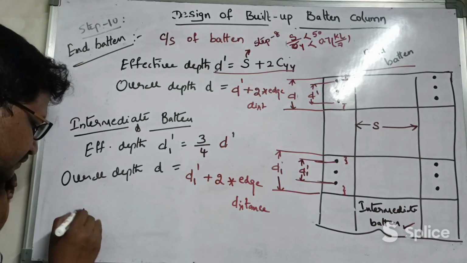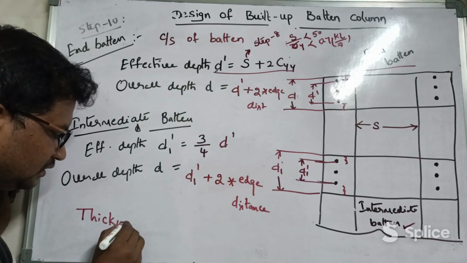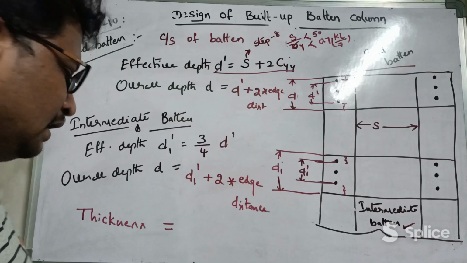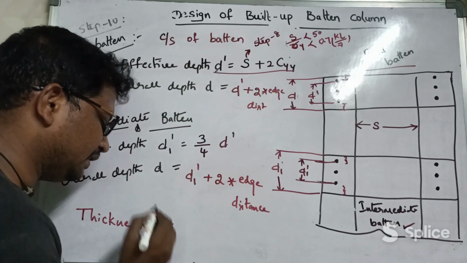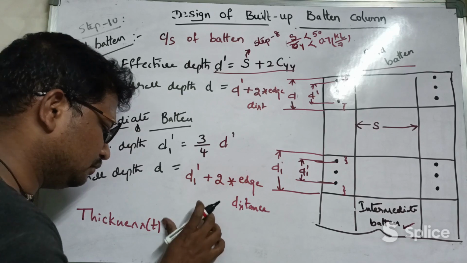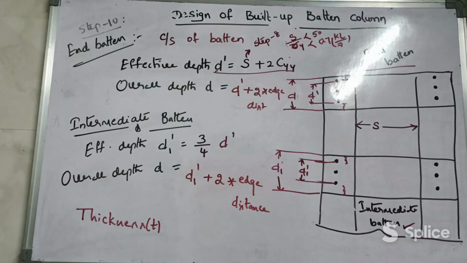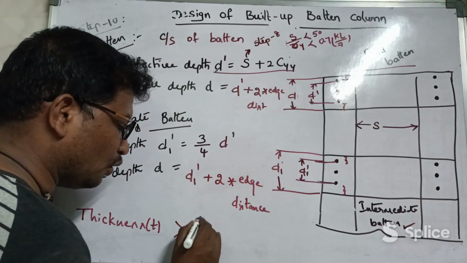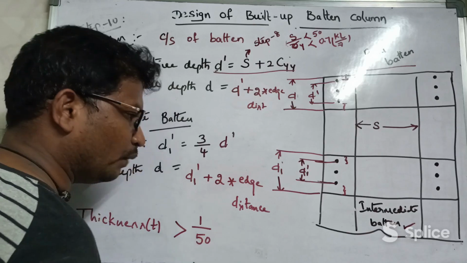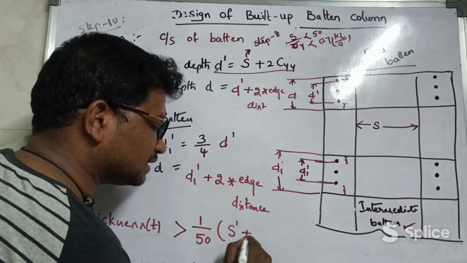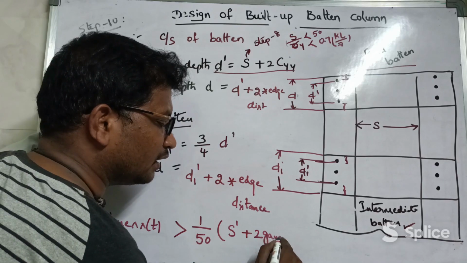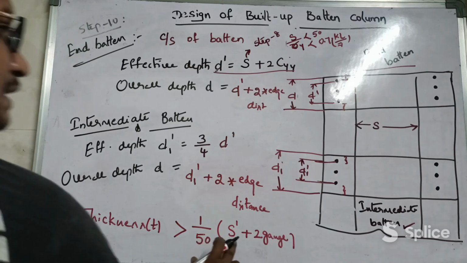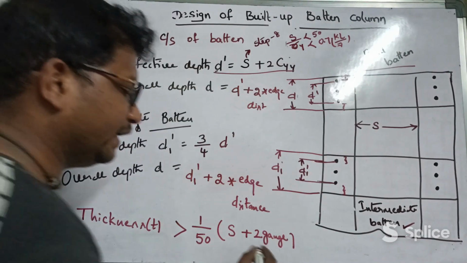Next, thickness. We can also determine the thickness of batten, that is T value. This thickness value should be greater than 1/50 into S plus 2 into gauge distance.